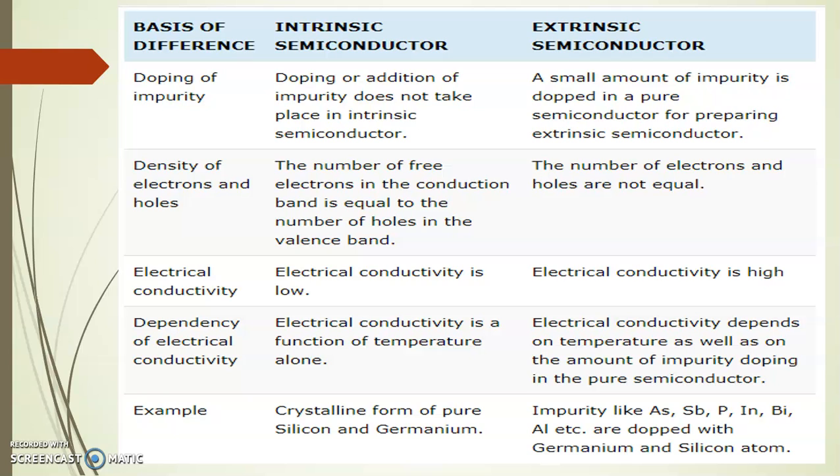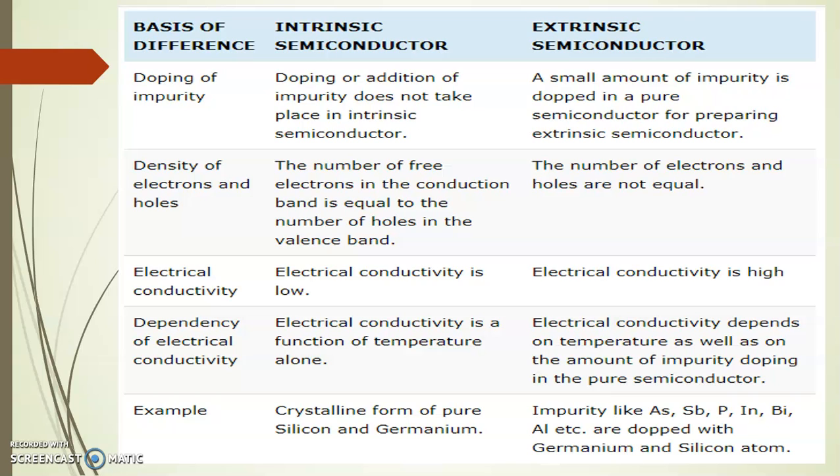So here there is no addition of impurity in the semiconductor. It is the purest form of the semiconductor. Then in an extrinsic semiconductor, a small amount of impurity is doped in a pure semiconductor for preparing the extrinsic semiconductor.